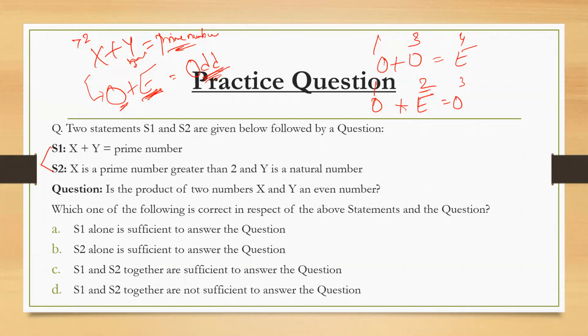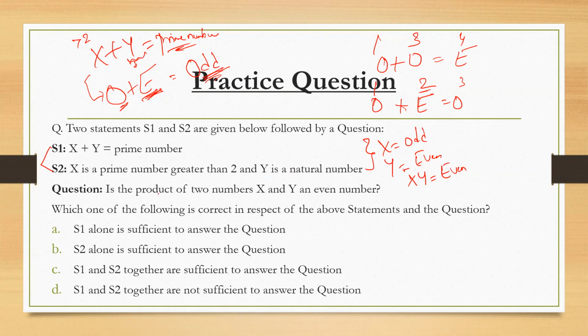So from here, when we combine both of them together, what do we get? x is odd, y is even. So what will be the nature of xy? In all the scenarios, xy will be even, because you are multiplying it with a multiple of 2.